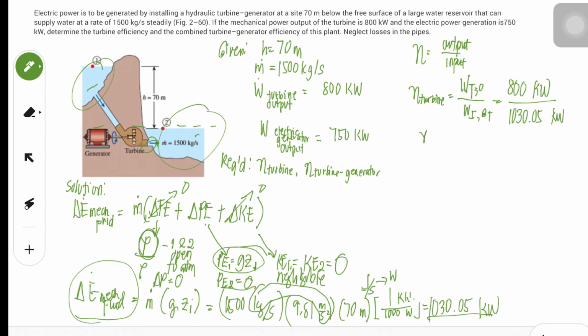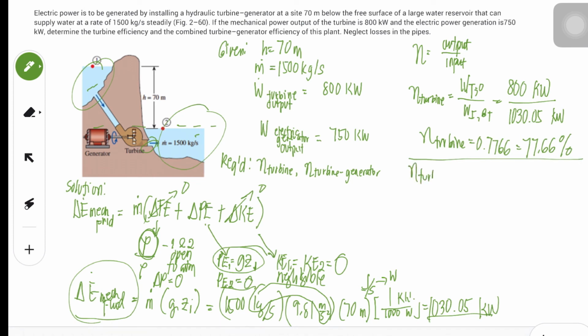So the turbine efficiency is equal to 800 divided by 1030.05 kilowatt. You compute 0.7766. Since efficiency is always in percentage, express your answer in percentage. So we have 77.66%. This is now your efficiency of the turbine.